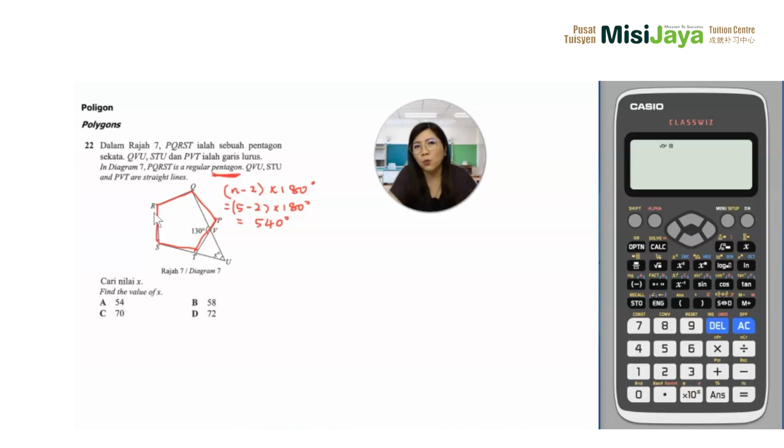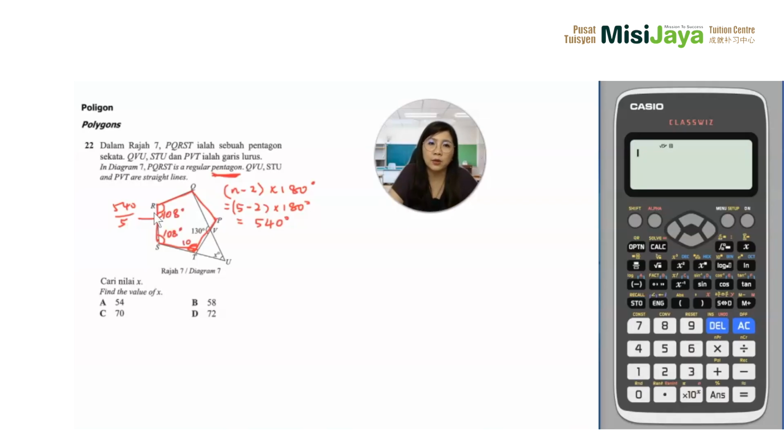But what if I only want one interior angle, which is here, or here, or here? I need to use 540 divided by 5, and I will get 108. So each interior angle is 108.